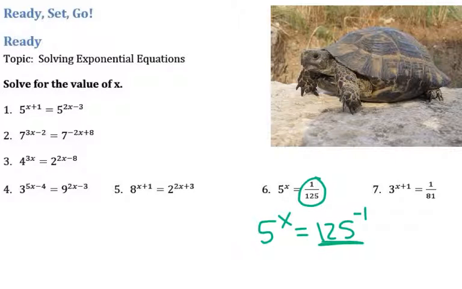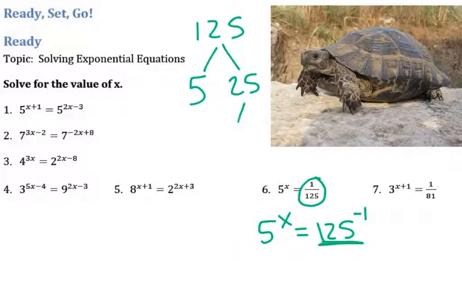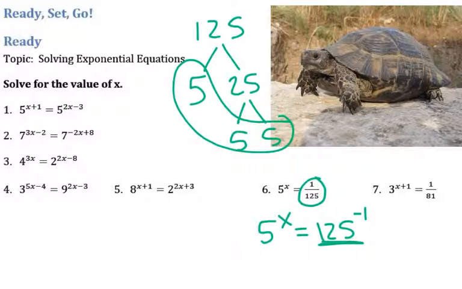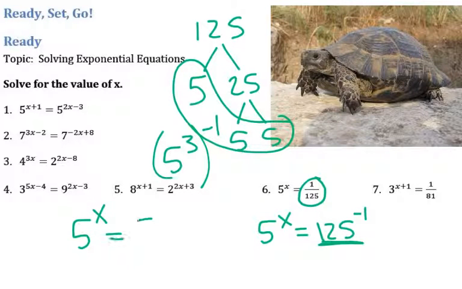Then how can I break down 125? Well, 5 and 25, and that's 5 and 5. So I've got 5 cubed, which times negative 1, so it's 5 to the x equals 5 to the negative 3. So x equals negative 3.